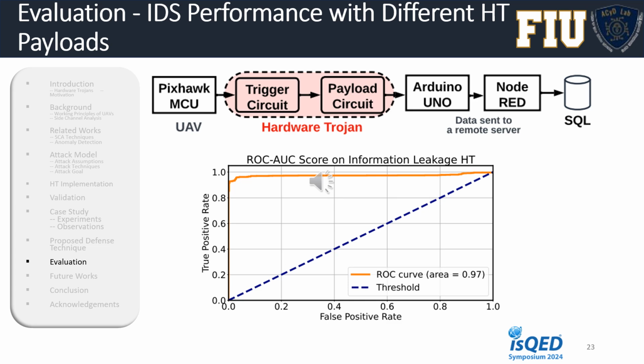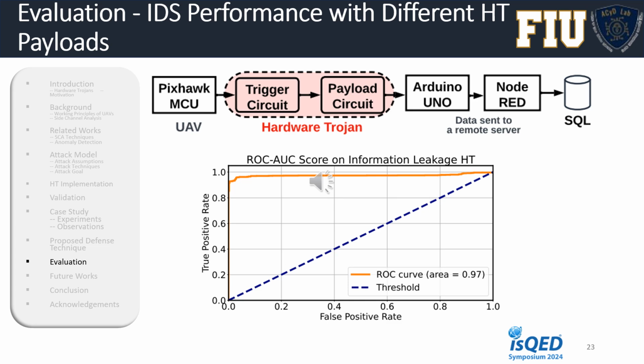So our second question is, what is our IDS performance with different hardware Trojan payloads? In this case, we use the same setup, except the payload circuit now, instead of inverting the signals, would actually communicate with another embedded device, in this case an Arduino Uno, to send data containing the information on the device.